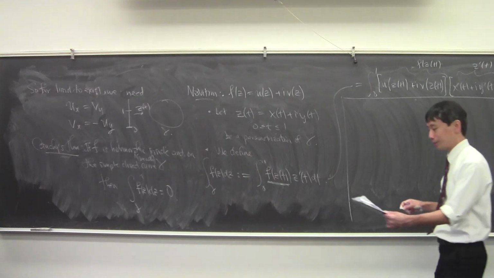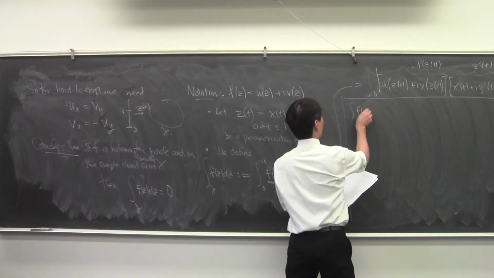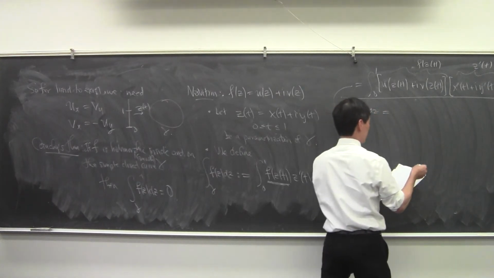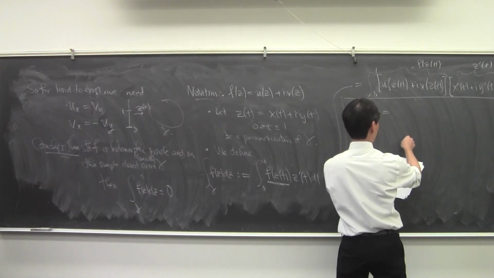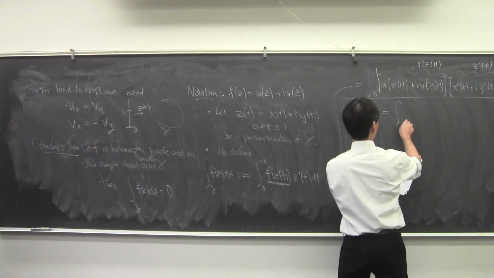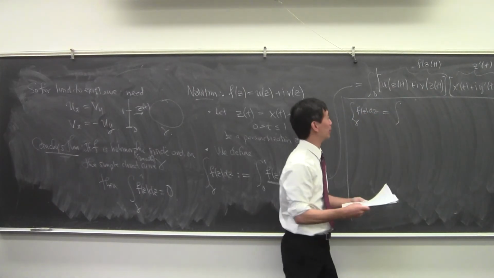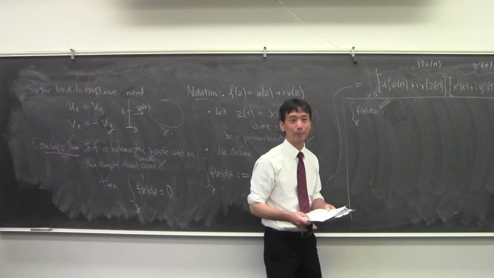We've got 6 minutes. Okay, so the integral of f over gamma is going to be this thing above. Maybe I'll put an equal sign going this way.